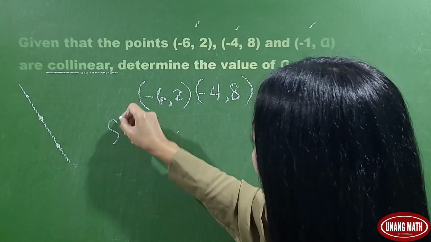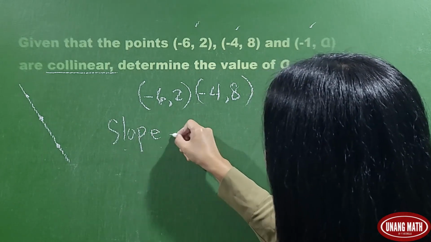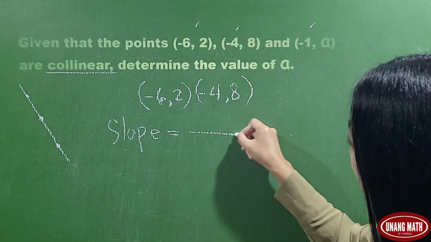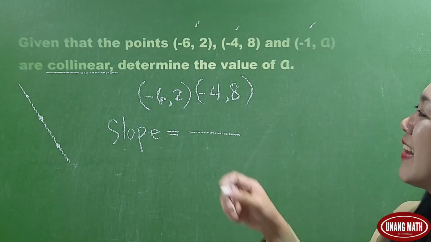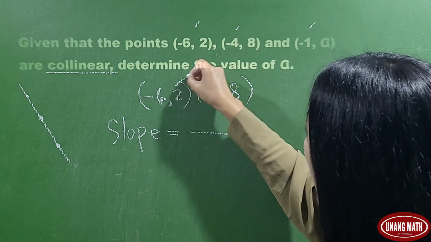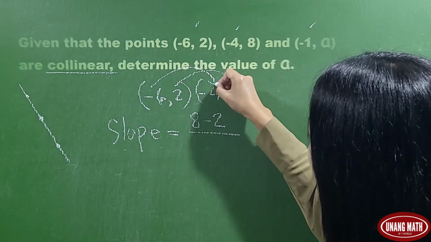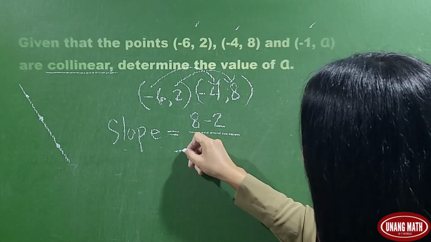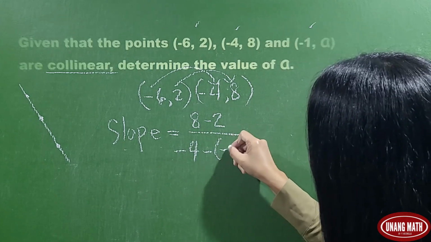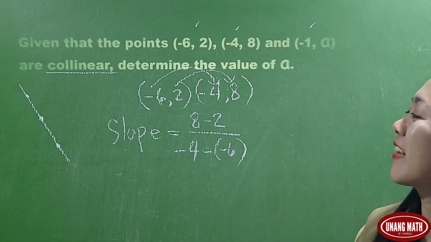To find the slope, slope is the change in y over the change in x. So from 2 to 8, that means 8 minus 2. From negative 6 to negative 4, it means negative 4 minus negative 6.